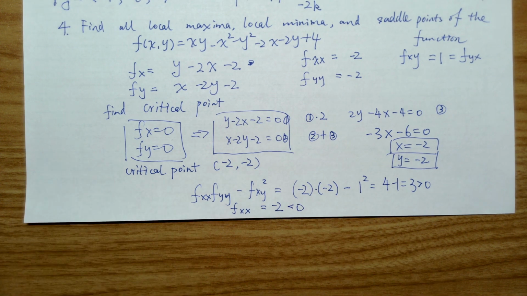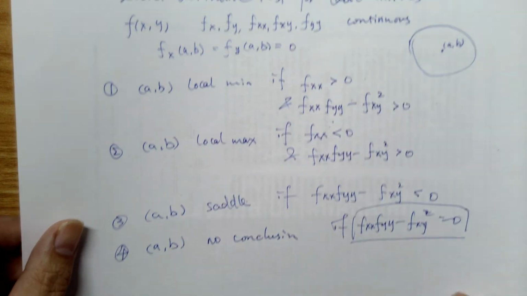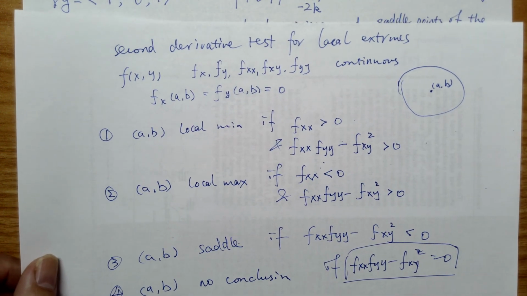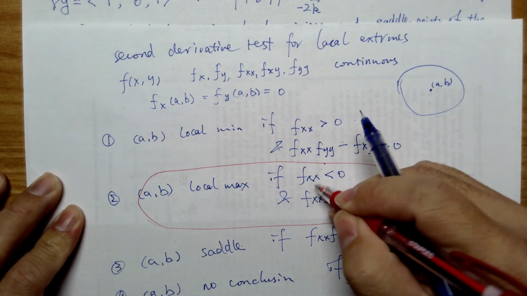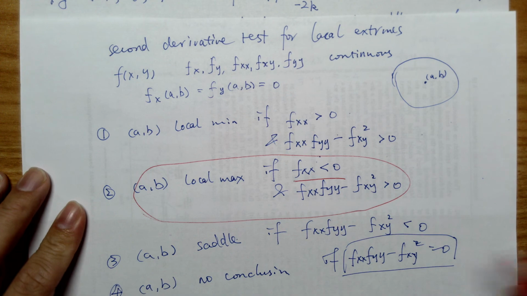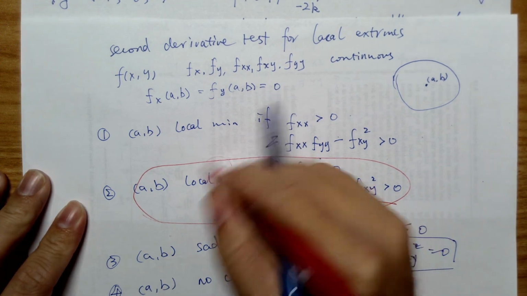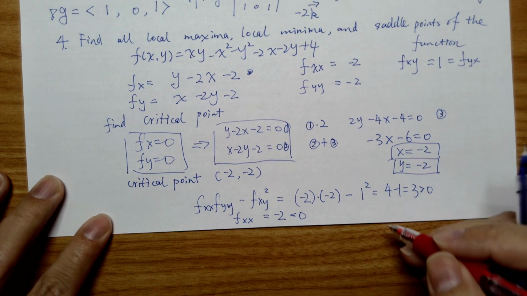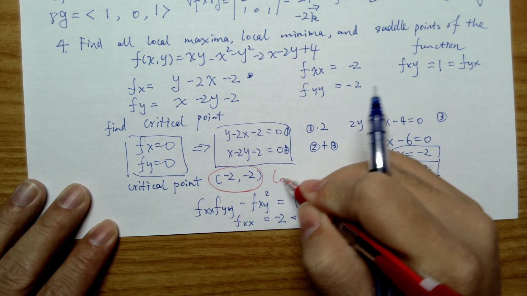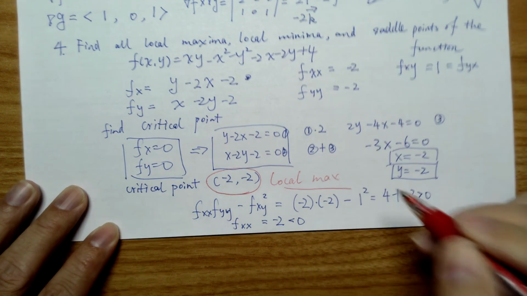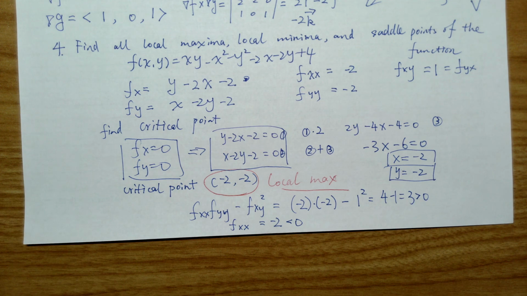Recalling our second derivative test, it belongs to this category: the second derivative is less than 0 and the discriminant is greater than 0, so it's a local max. So at the point (negative 2, negative 2) you have a local max. This is the explanation of this problem. Hope you like it, and thank you.